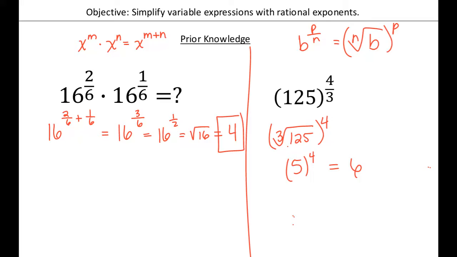Sorry. 625. My screen got dimmer. Okay. Is that 625? I think it is. Yes, 625. So our answer is 625.